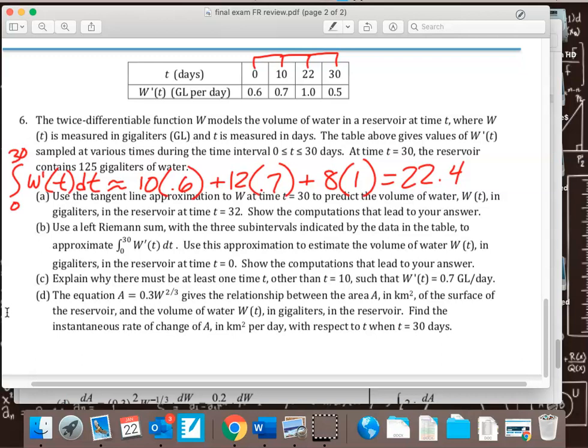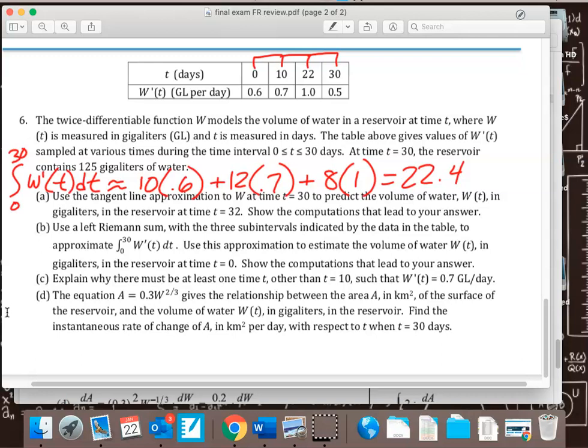Part C. Explain, this was the one I heard the most discussion about when I was walking around. Explain why there must be at least one time other than t equals 10 such that W prime equals 0.7. I get that W prime is a rate, and you guys have memorized rate goes with MVT, but if you look at what your table supplies, what is this line right here?